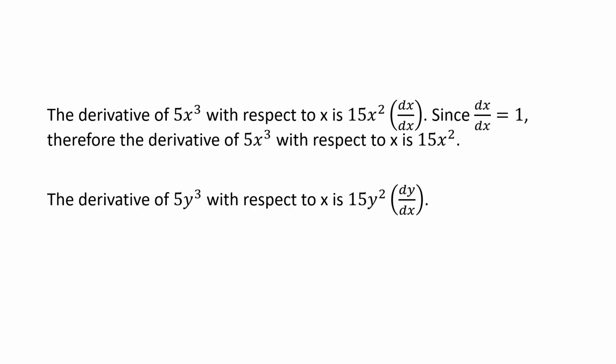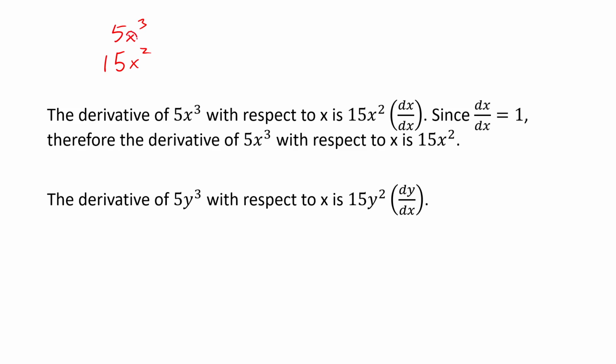Okay? So before we get into it, let's just talk briefly about the chain rule, something that's been alluded to earlier. If I asked you to give me the derivative of 5x cubed, most of the time people simply say 15x squared.